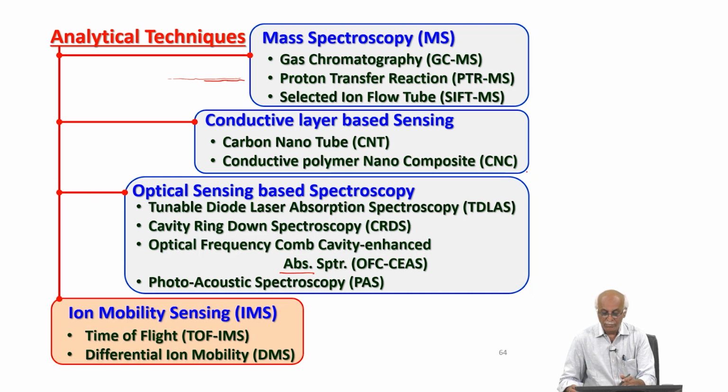Real time measurements are possible, and a small volume of sample is good enough to extract the information related to different types of species, trace gases present in human breath. We can use various techniques such as tunable diode laser based cavity ring down, optical frequency, photoacoustic spectroscopy, etc. We will try to see how they are being used.